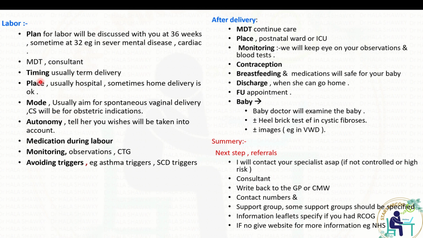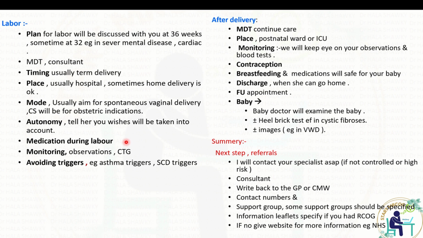The delivery should be at hospital, under the consultant, and at term. The mode should be discussed. Usually our aim is for vaginal delivery, spontaneous one. Cesarean section will be for obstetric indications only. Patient autonomy should be respected regarding the timing, the place and the mode. But for the timing, usually we do not agree to her request if she requests early delivery, because you know the risks of prematurity.